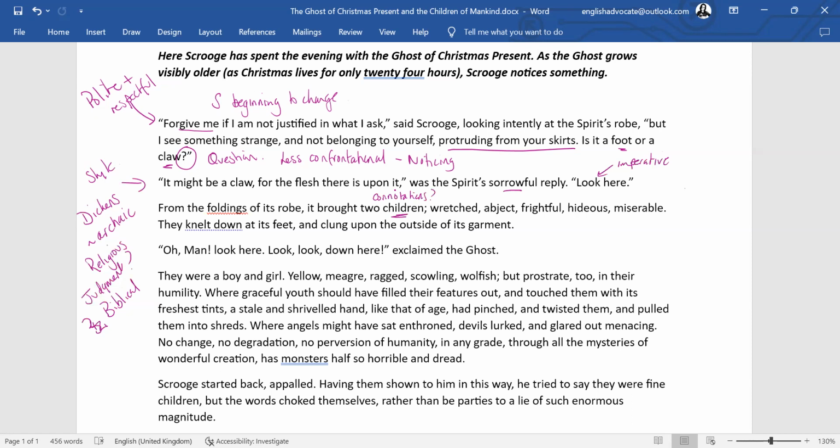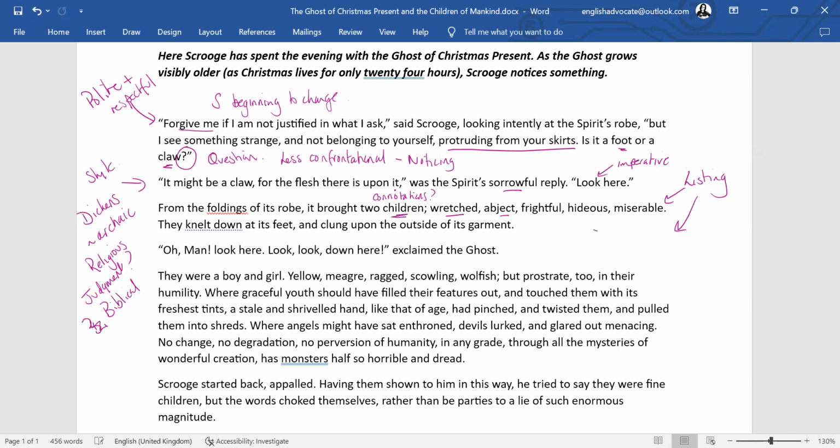And instead, we have this listing that these children are wretched. So they're kind of condemned. They seem to be cursed. They've got really bad fortune. Abject, they're kind of abandoned, desolate, frightful, hideous, miserable.